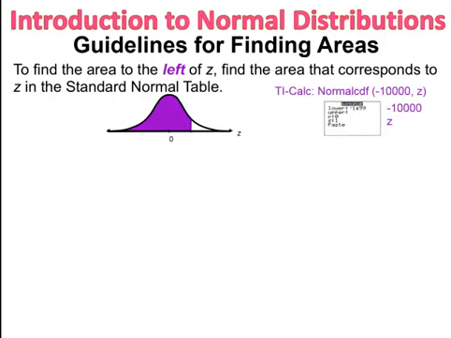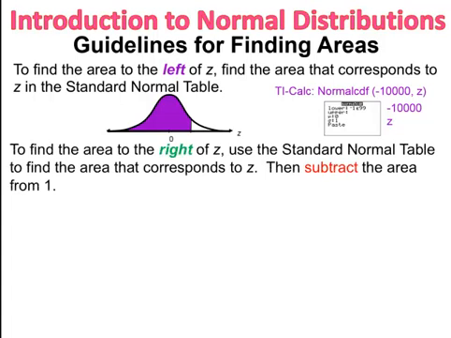So in the calculator, the lower value is that negative infinity, or -10,000 we could use, and then the upper value would be our z-score that we are trying to find the area for. So if you're using the older calculator, it's a -10,000, comma, and the z-value you're looking for. And in the newer calculator, you leave the lower as the negative infinity, and the upper would be your z-value.